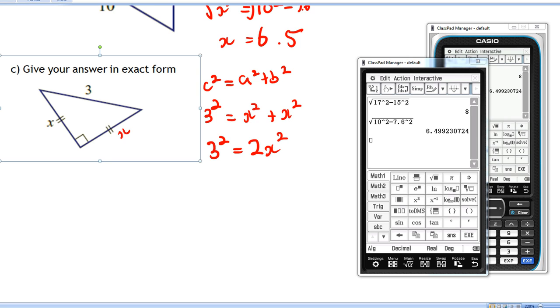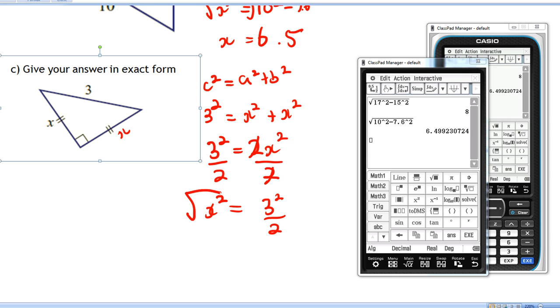That will tell me what these two side lengths are. So the way I'm going to do that is divide by 2 and divide by 2. That cancels out, leaving x squared by itself. So I know that x squared equals 3 squared over 2.